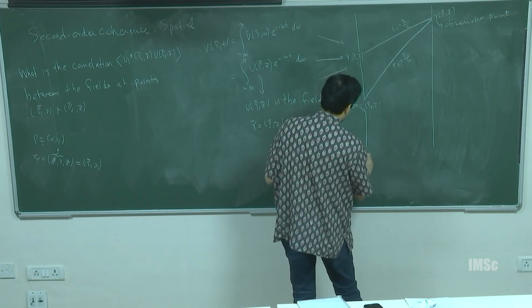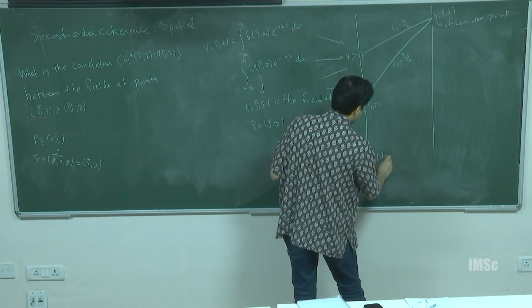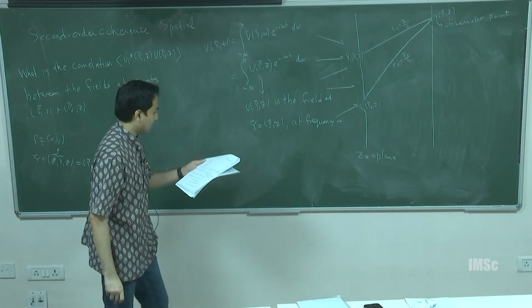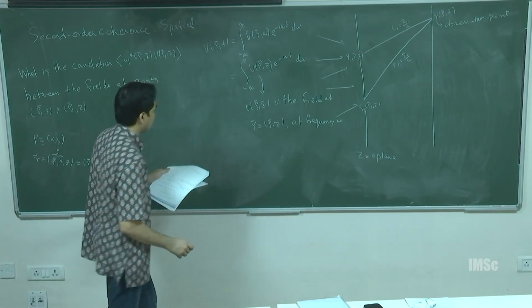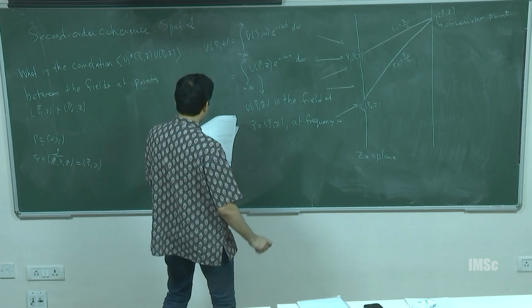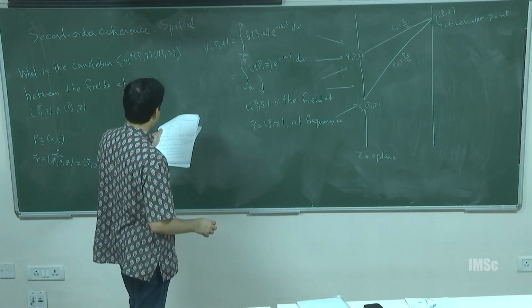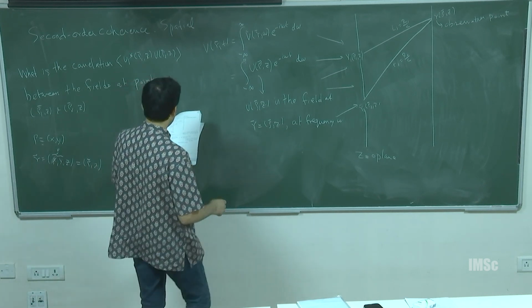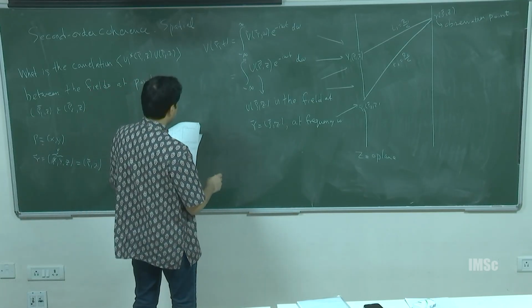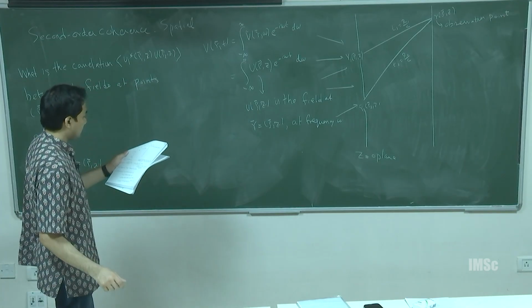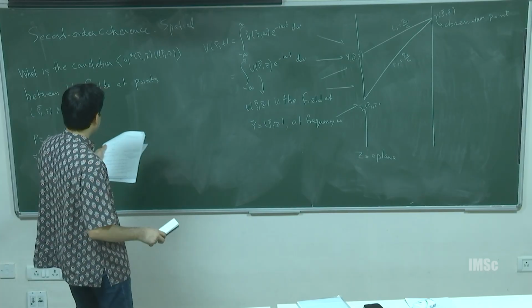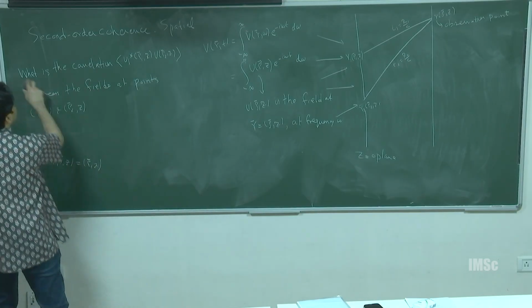So this is the z equals 0 plane. Now, let me, yeah, I can erase this part here.